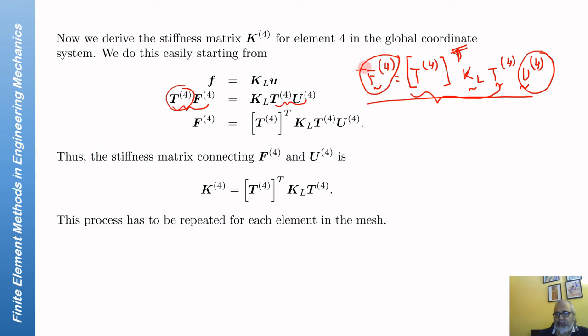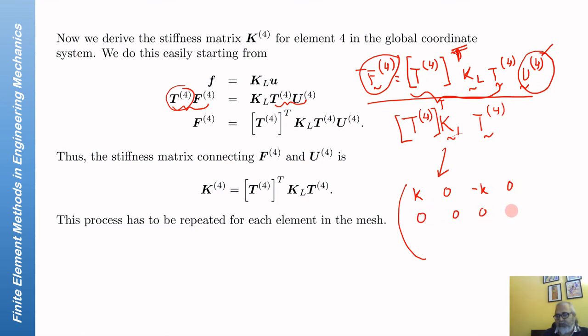Remember, these are forces in the global coordinate system. These are degrees of freedom in the global coordinate system. So this must be the stiffness matrix in the global coordinate system, and that turns out to be T4 transpose KL times T4, where KL we have already found as K0, minus K0, 0, 0, 0, 0, minus K0, K0, 0, 0, 0, 0.